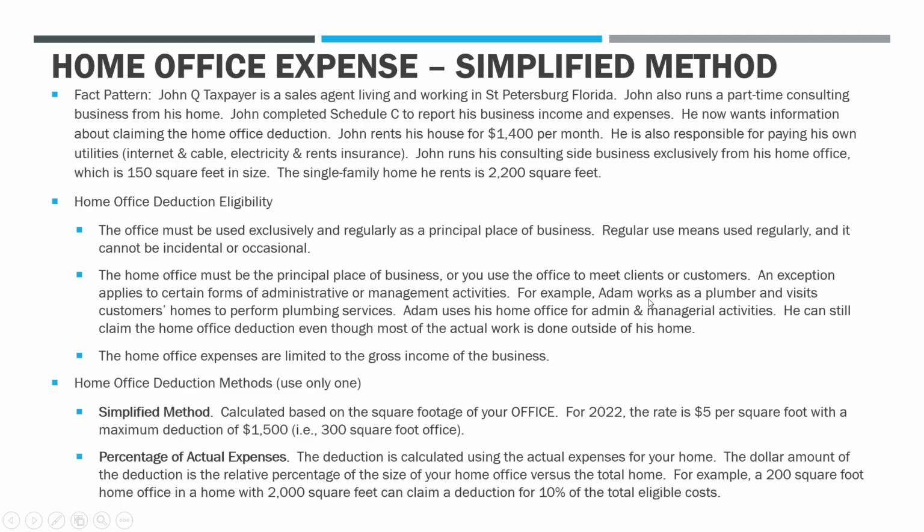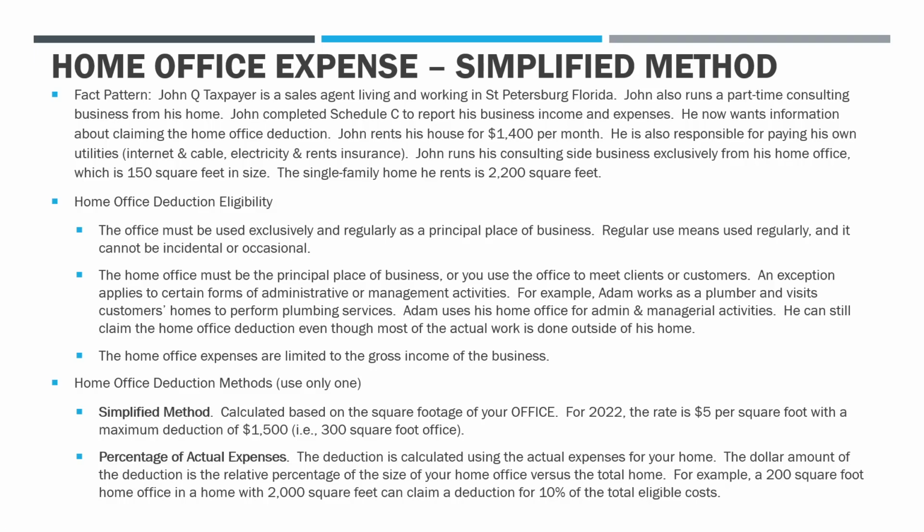The simplest example, which is part of the IRS publication, is a plumber, right? So if we have Adam, who works as a plumber, obviously he's constantly visiting customers' homes to perform plumbing services, right, repairs. You can't do that from home. So Adam clearly is doing most of the work outside of his home, but he also has a home office where he does all of his admin.